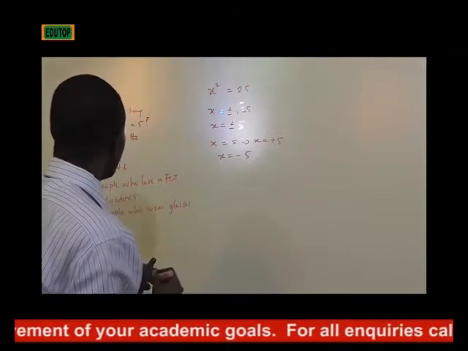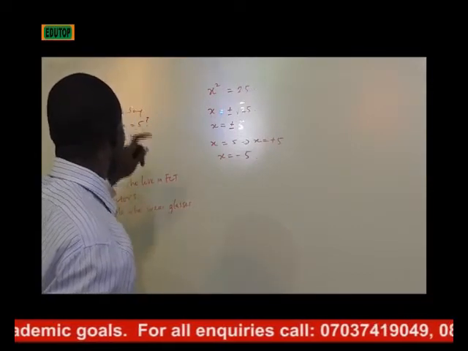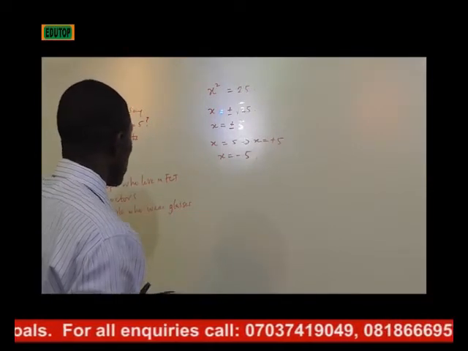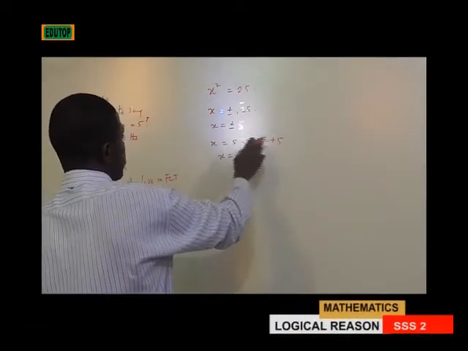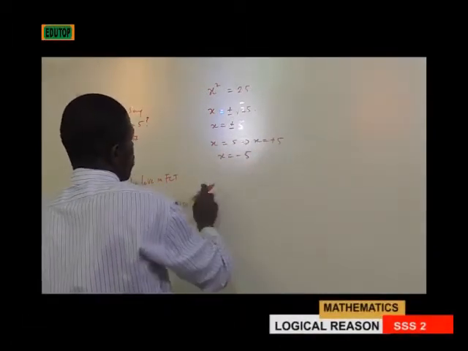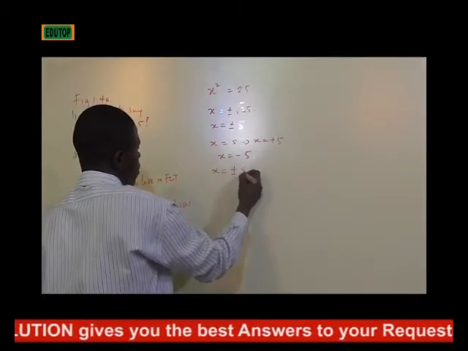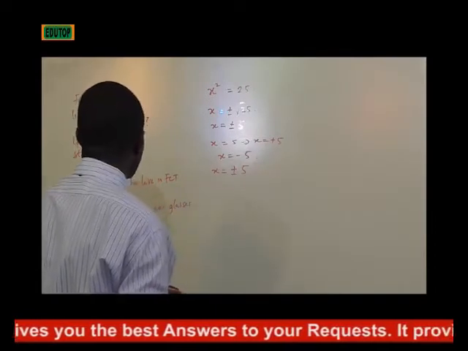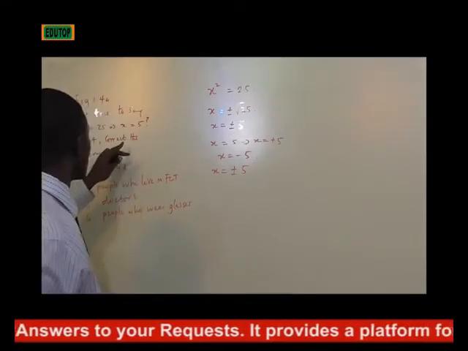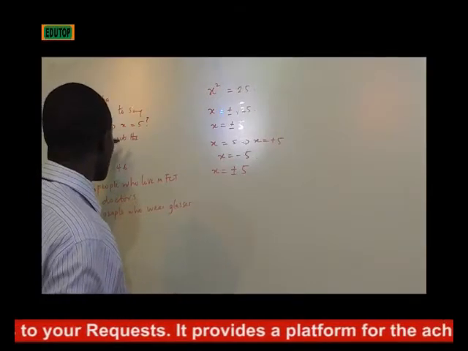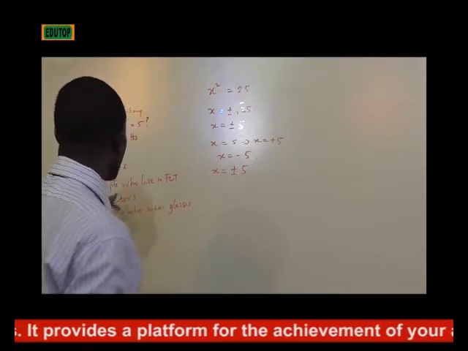Therefore, the statement is not true, since it does not incorporate plus or minus 5, which should be the statement. So x squared equals 25 implies that x equals 5 is not true.